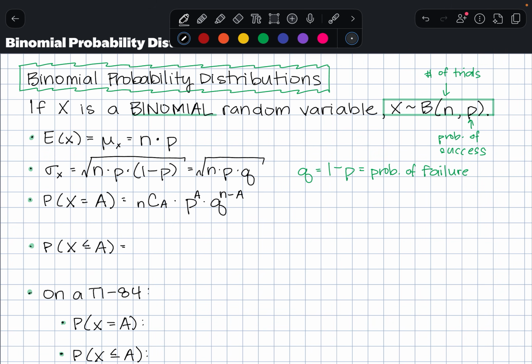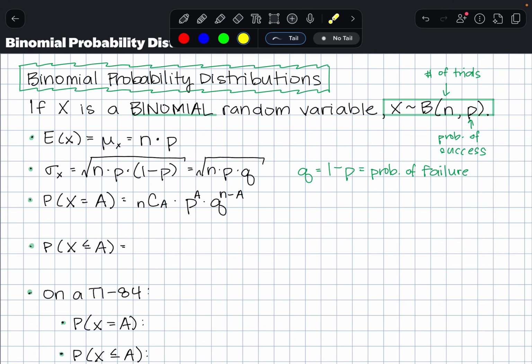And you may be asking yourselves, why? That's because, let's say I flip a coin 3 times, and I want 2 heads. So probability of success to the number of successes times probability of failure to the number of failures times all of the different ways that I can arrange those successes and failures.